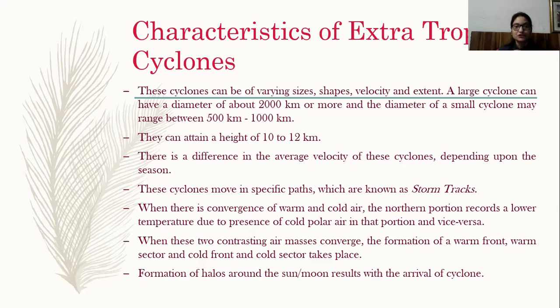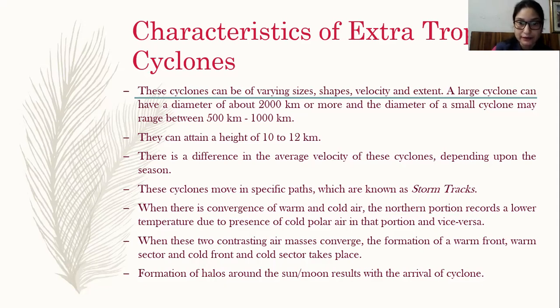Formation of halos around the sun and the moon results in the arrival of the cyclone. Now, a halo is something like a small light that is coming from behind the object. In this case, the halo is formed around the sun or the moon.